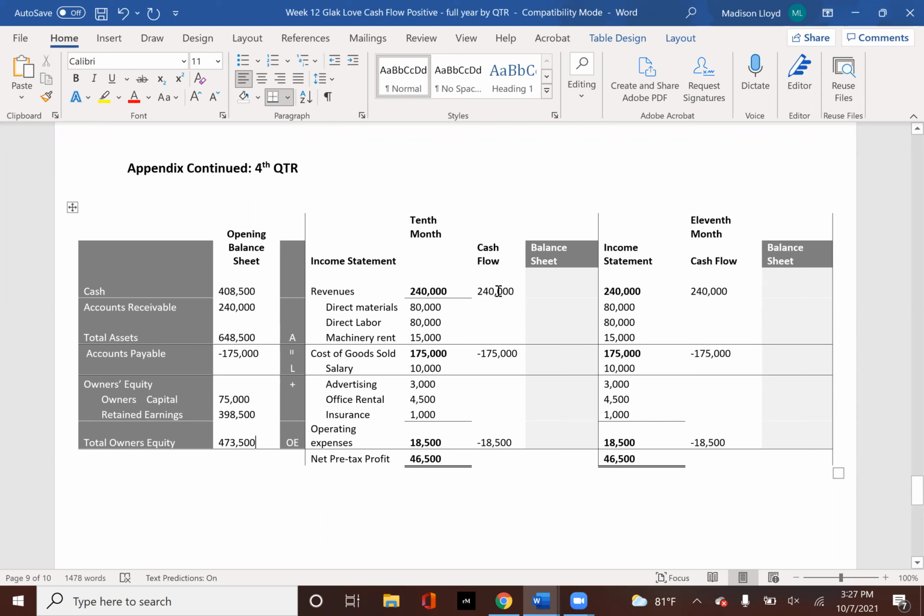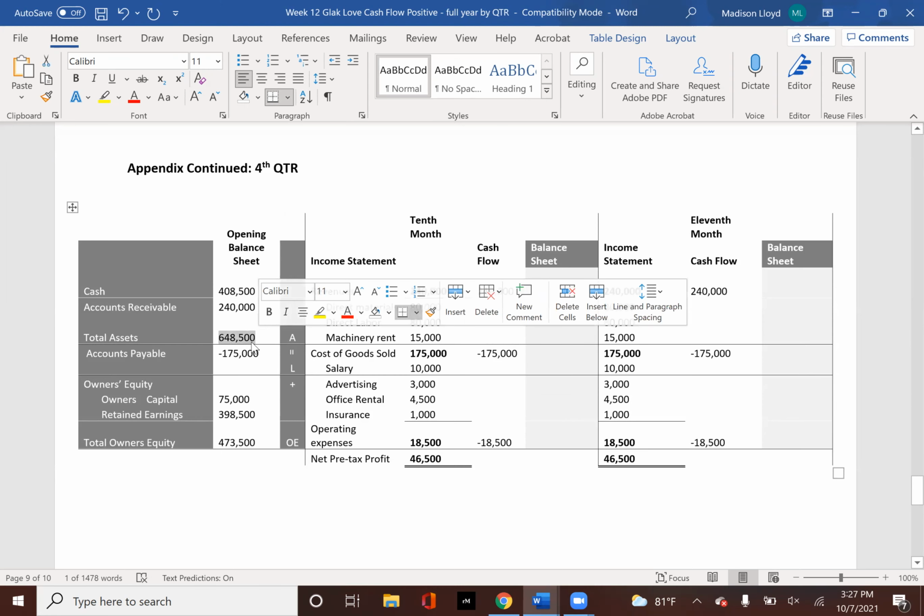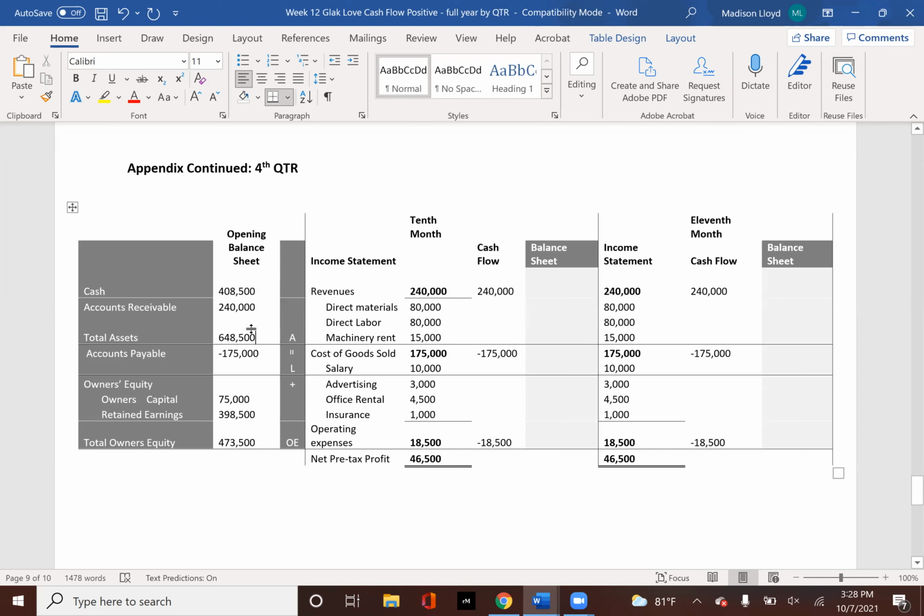First block of your cash flow is going to be your $240,000 accounts receivable from last month. Come down here, your cost of goods sold, $175,000 from last month to pay off. And now to get our cash balance for this sheet, there's two ways of doing it. Like I mentioned, take your total assets, $648,500, because that's your cash plus your accounts receivable.